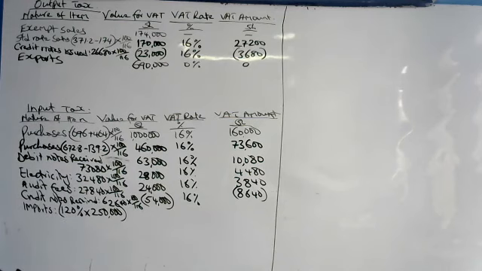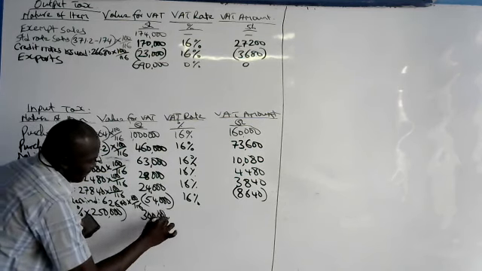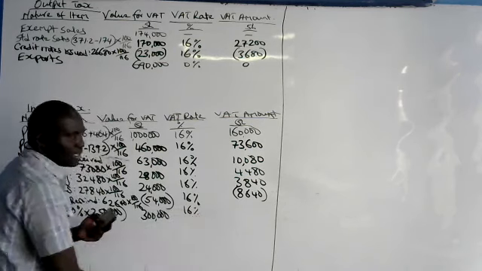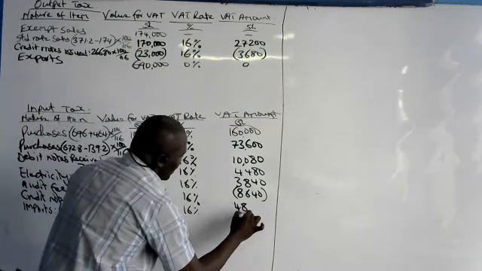Ongeza duty. So you have how much? 300. That is 0.16. 48K.